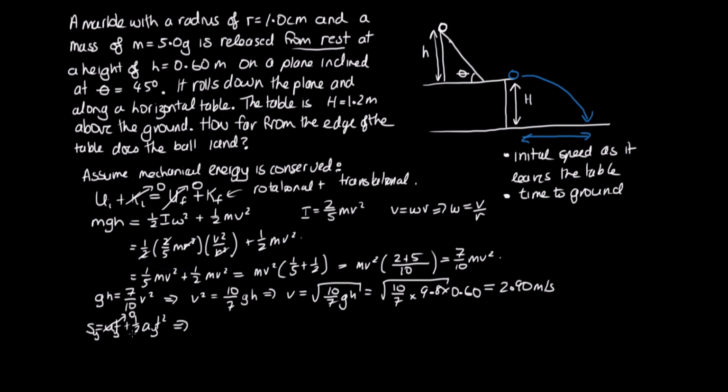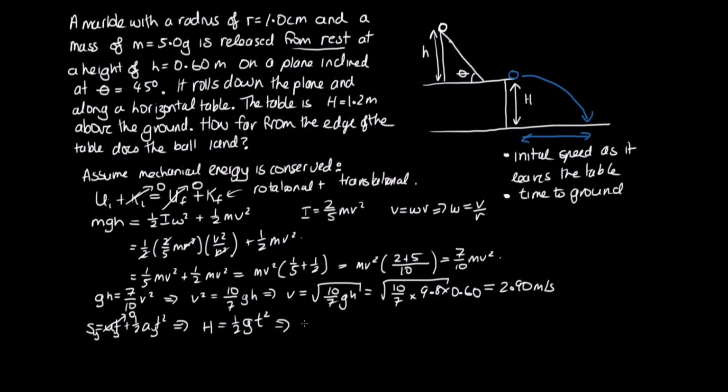So we can write this equation as h, that's the height to the ground, it ends up lower than it starts, is equal to a half times g times t squared. g here is acting downwards, so the change in height and g are in the same direction, so we don't have a negative sign here.